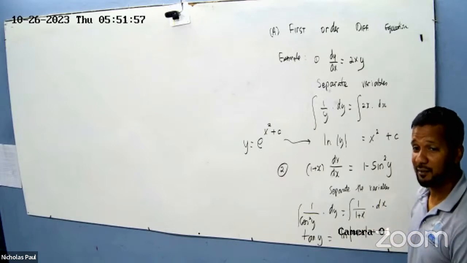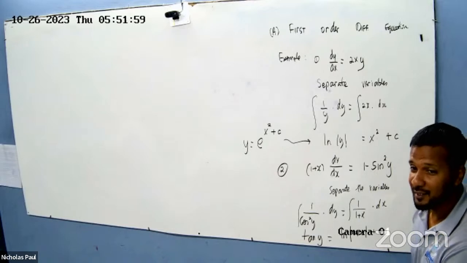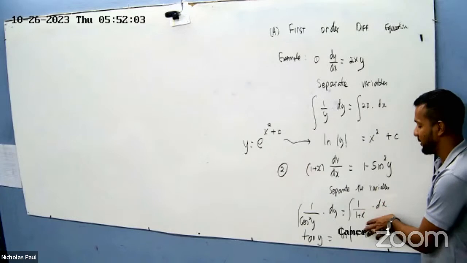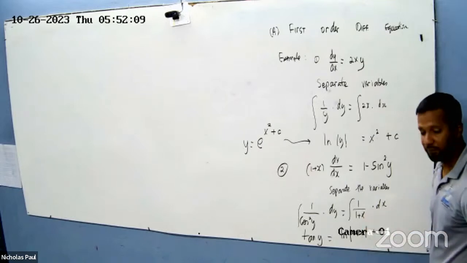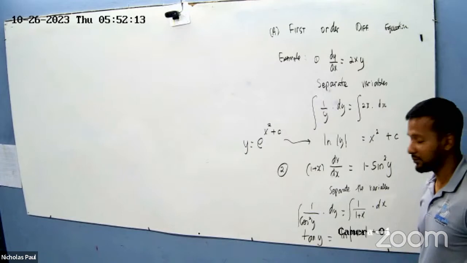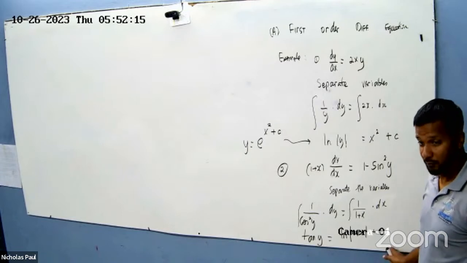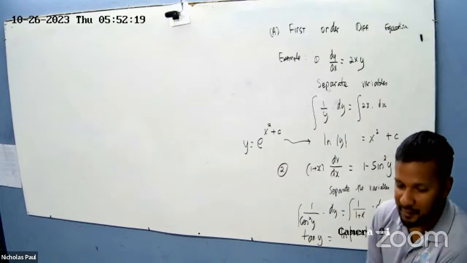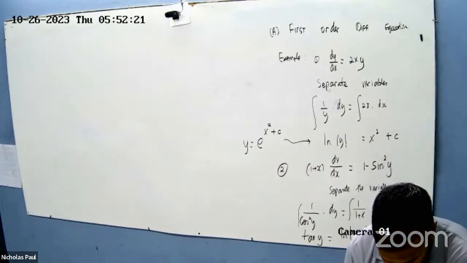That's clear? Remember, when the numerator is the differential of the denominator, then this is ln. Right, copy that. Let's go to the next one.